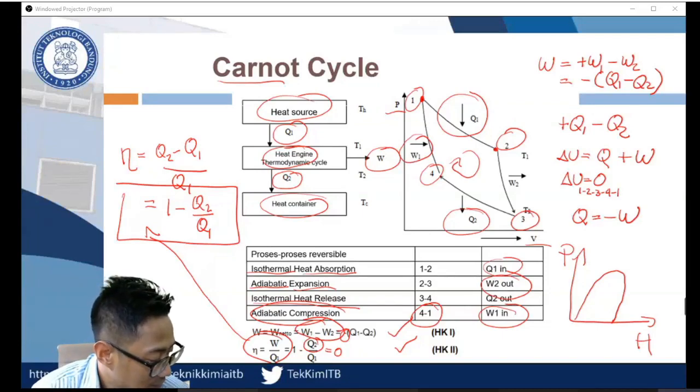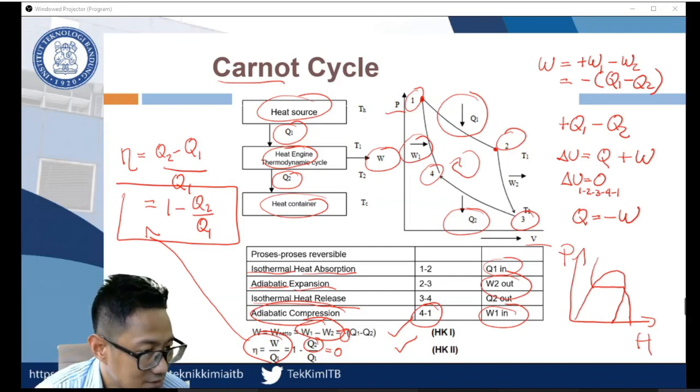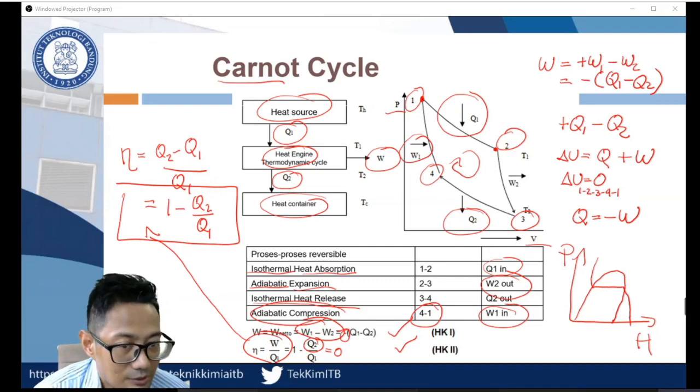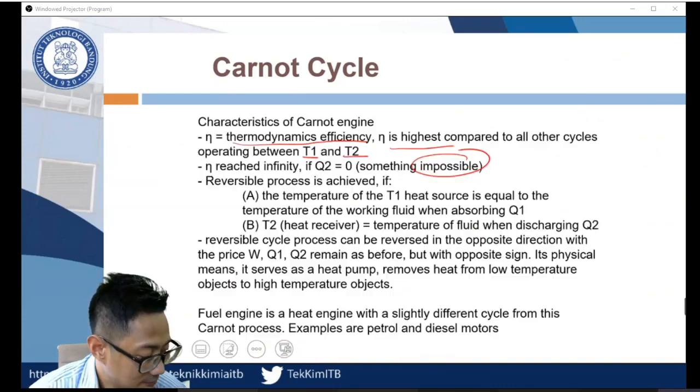There is an isothermal curve following this shape, and you need to draw the Carnot cycle in this system. It's also possible to draw in all kinds of diagrams. It can be PV diagram, PT diagram, or pH diagram.